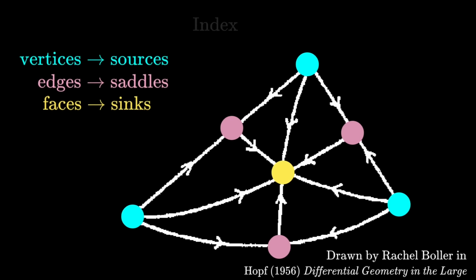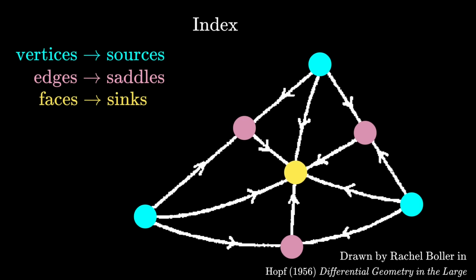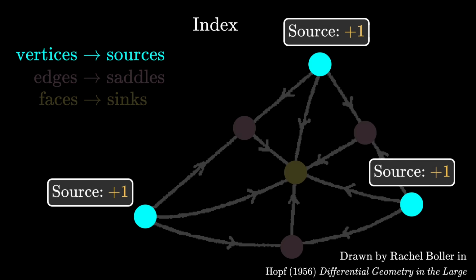Now consider the index sum that comes from such a vector field. Each source has index plus 1, and since all vertices act like sources, they contribute v to the index sum.